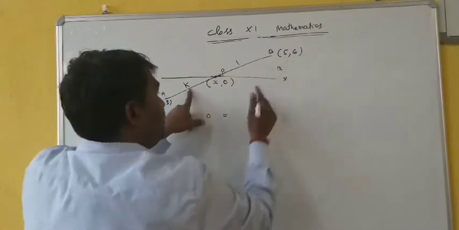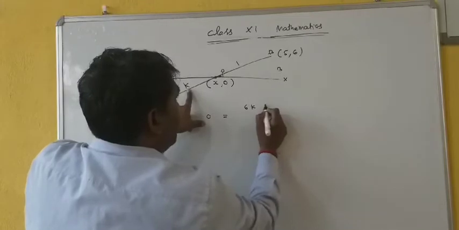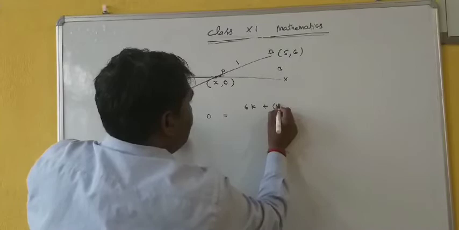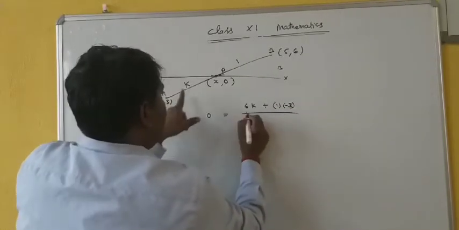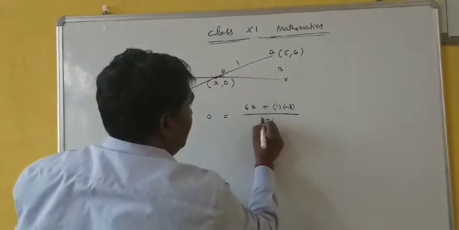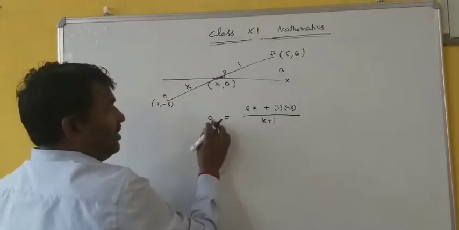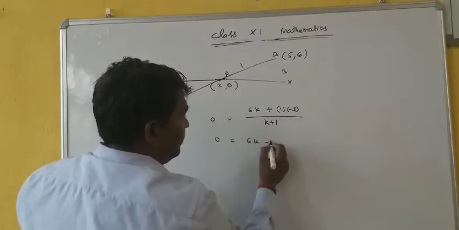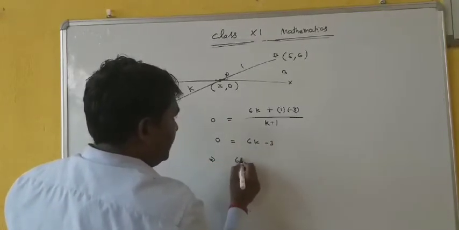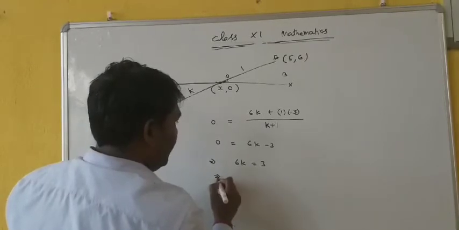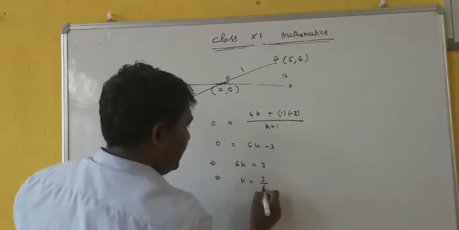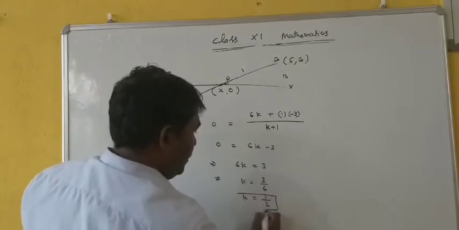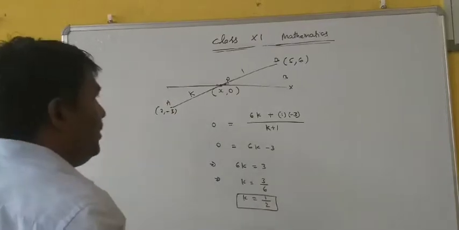So 6k plus 1 into minus 3, divided by k plus 1. Is it correct? By cross multiplication this will become 0, and this is 6k minus 3. It implies that 6k is equal to 3. It implies that k is equal to 3 by 6, meaning 1 upon 2. So it will divide in the ratio 1:2.